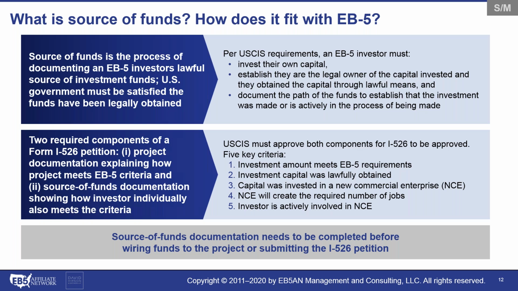Step two of the petition is all about the individual. What that really comes down to is the source of funds, showing how that $900,000 was legally obtained and having all of the backup related to obtaining those $900,000, and showing that it does make its way into the actual project itself.